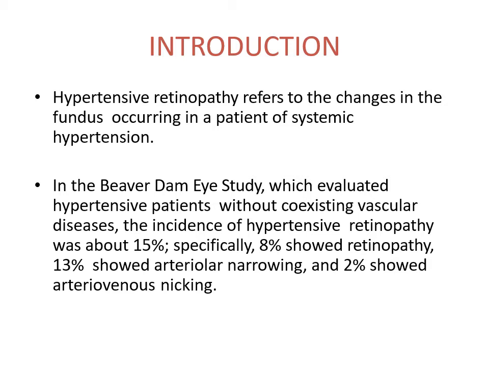In the Beaver Dam Eye Study, which evaluated hypertensive patients without coexisting other vascular diseases, the incidence of hypertensive retinopathy overall was found to be 15%, and specifically 8% showed retinopathy.